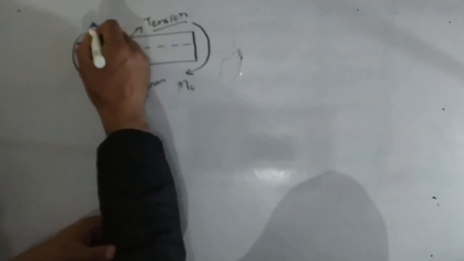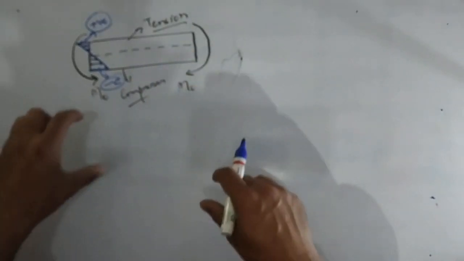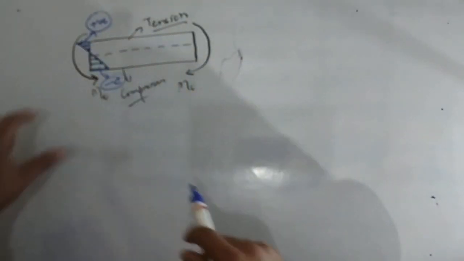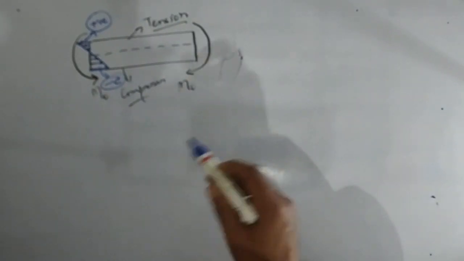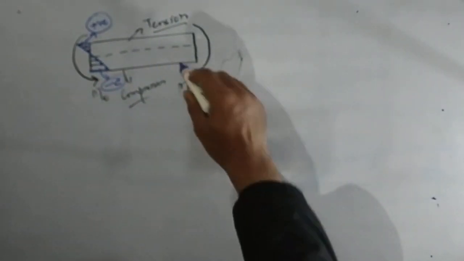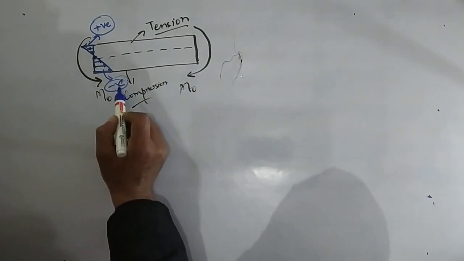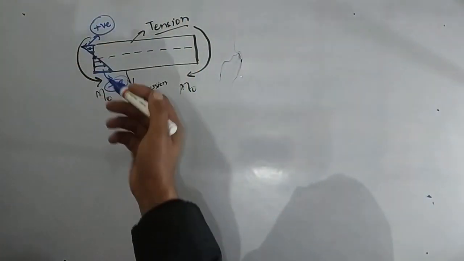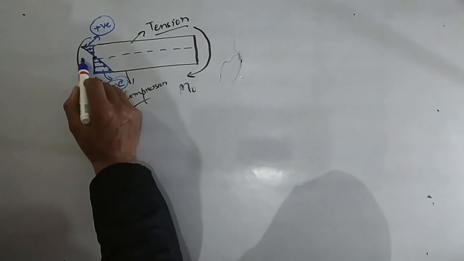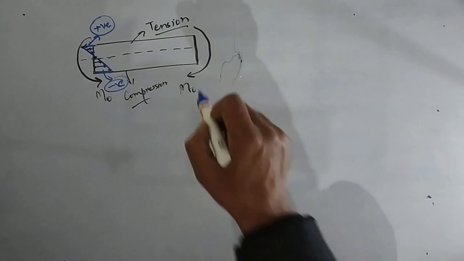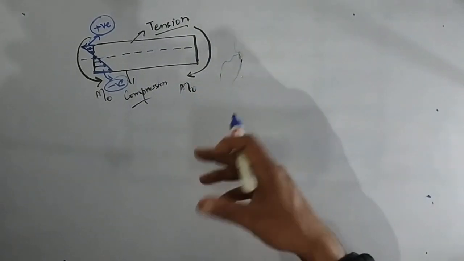If I take compression as negative and tension as positive, then the bending stress diagram will be like this. It is due to the bending. The point where there is zero value of compression or tension, if you draw an axis from there, you get the neutral axis, where there is neither compression nor tension.